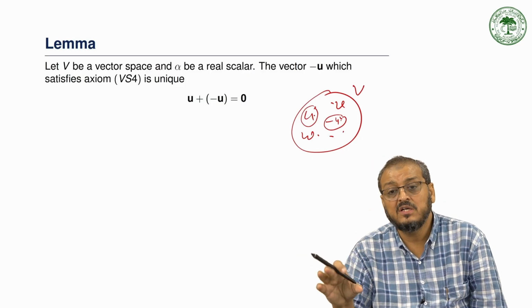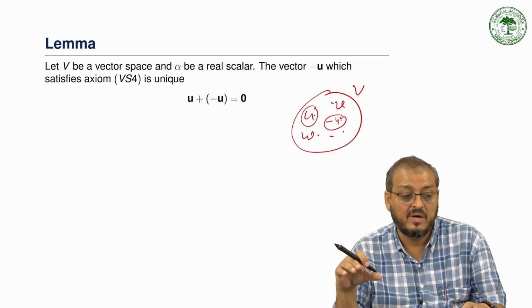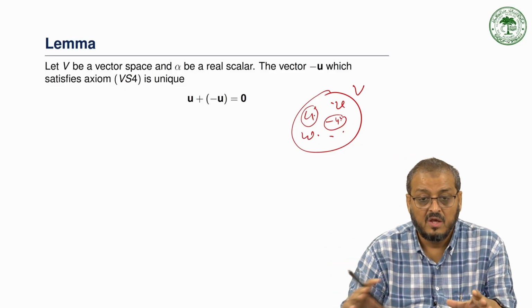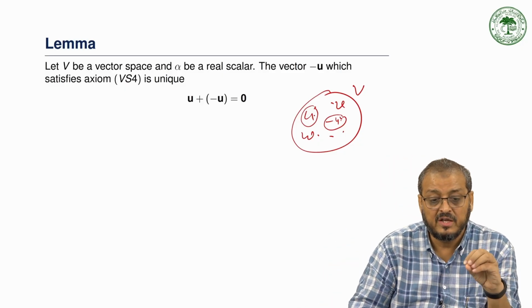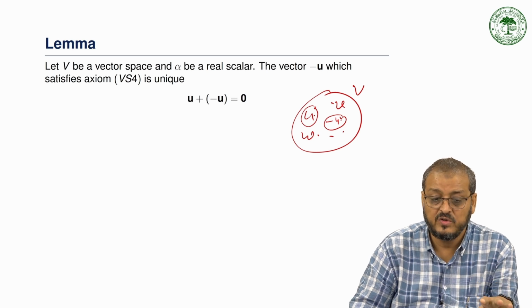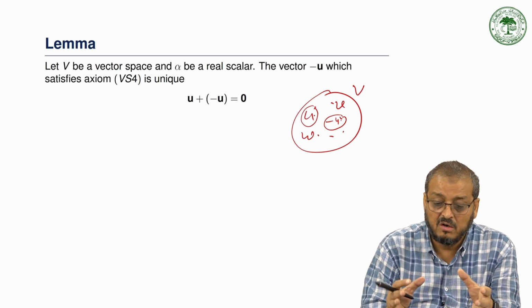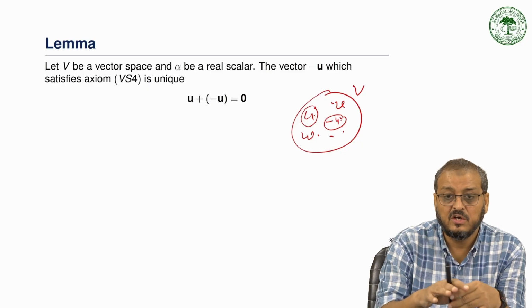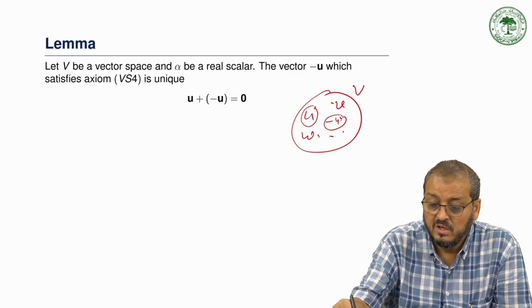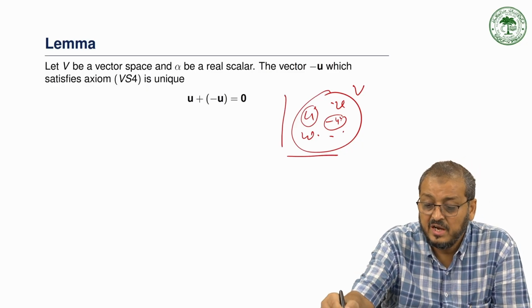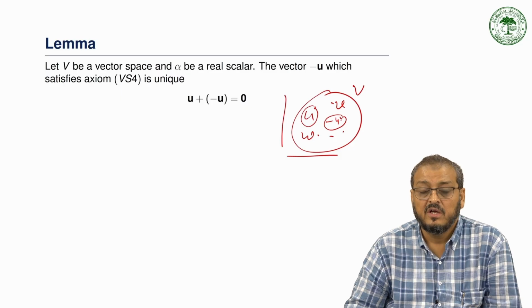That means the inverse of each and every element in this set should be unique. So in this case we try to prove that it is unique.